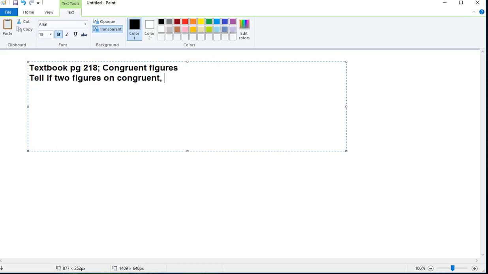And to do that, you would check their corresponding sides are congruent. If they are, then those two figures are congruent.